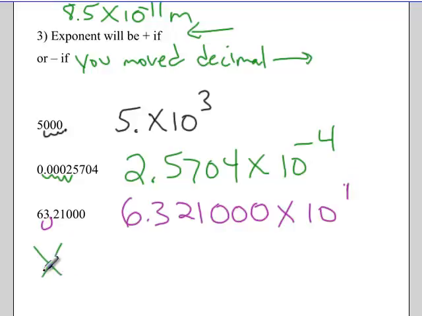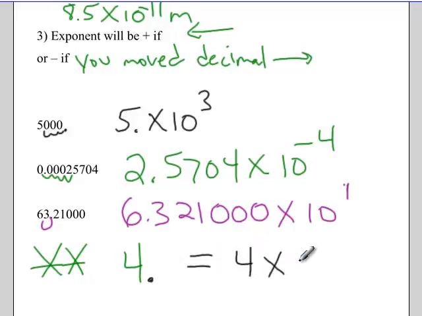Now, very important, what if you had a number like 4? How do you write that in scientific notation? Well, the decimal point would be right here, and it's already a number greater than 1, less than 10. So I don't have to move this decimal point anywhere.